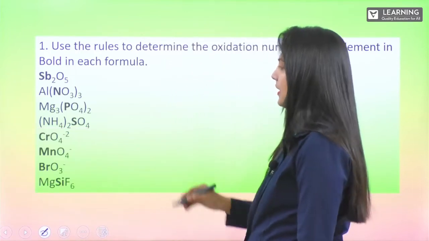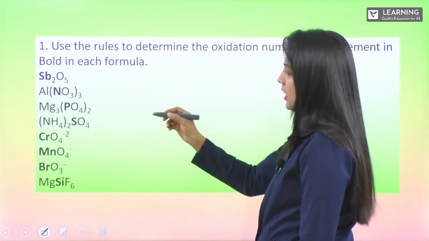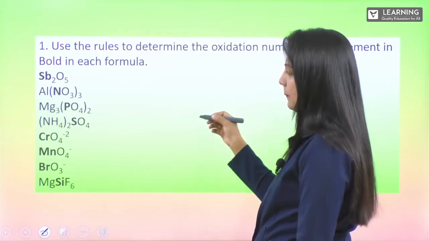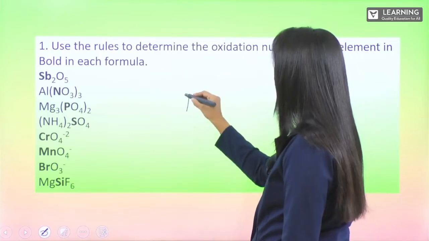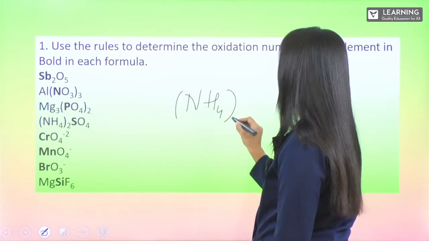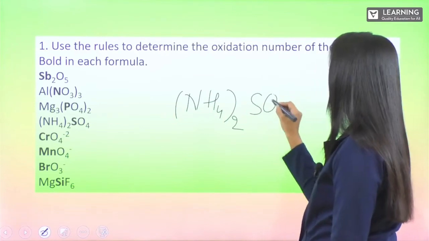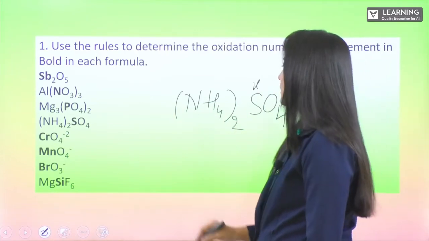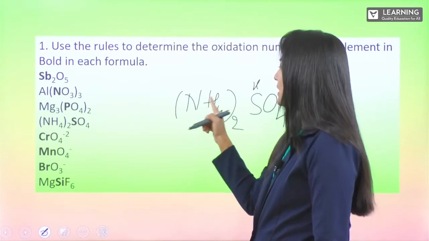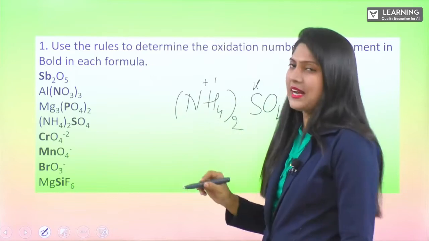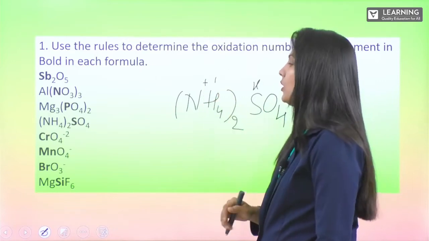Similarly for sulfate, ammonium, you can take it completely as NH4 whole twice SO4. Here sulfur is X, and NH4 completely will be +1. We can call it a radical. This completely will be equal to +1.